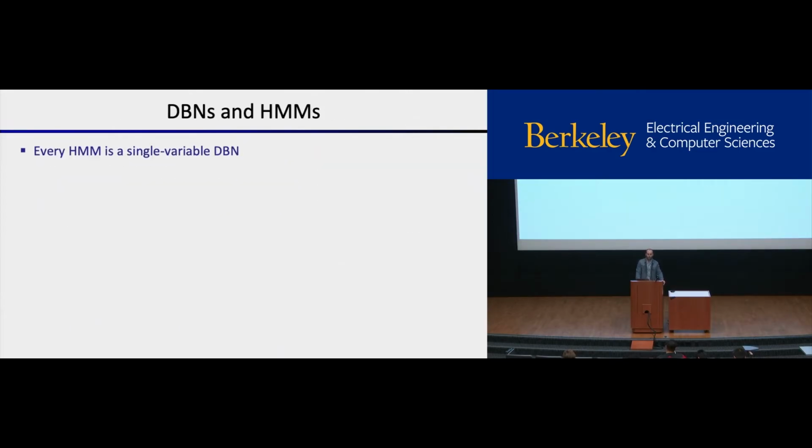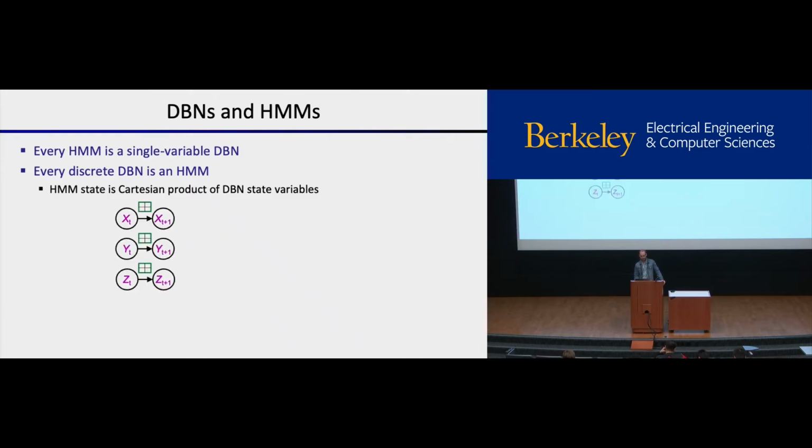Okay. So every hidden Markov model is straightforwardly a single variable dynamic Bayes net. So we just have one variable, one hidden variable, one evidence variable. Any hidden Markov model is clearly just a simple example of a dynamic Bayes net. It also goes the other way, where every discrete dynamic Bayes net is a hidden Markov model. The state is the Cartesian product of all of the dynamic Bayes-net state variables, looking like this. So if this is our dynamic Bayes-net, we have 3 different hidden variables, x, y, and z.